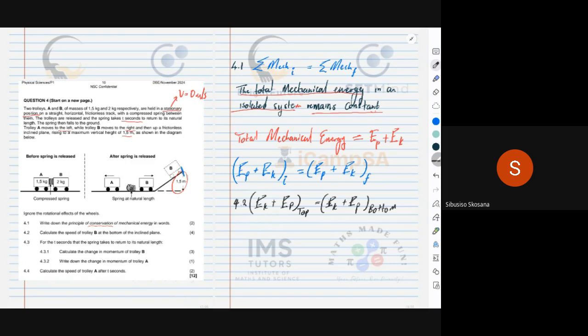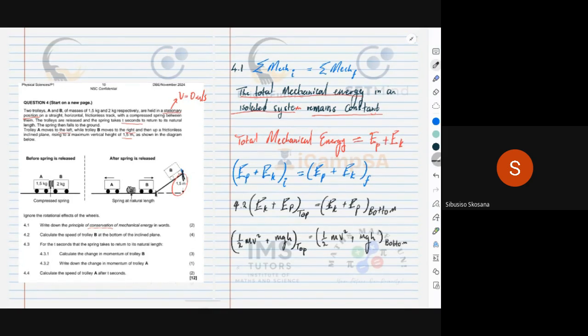The top, the bottom. With kinetic energy we have 1/2 mv squared plus mgh, which is our potential energy, at the top, equals 1/2 mv squared plus mgh at the bottom. What we are looking for is at the bottom, not at the top.